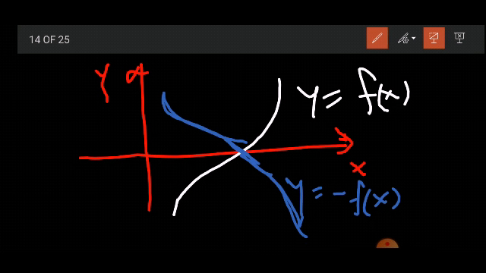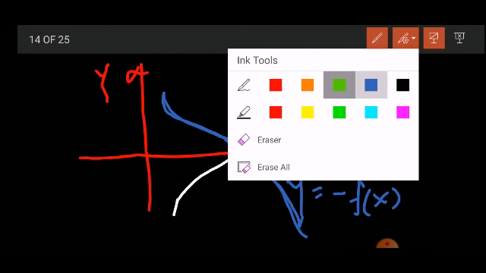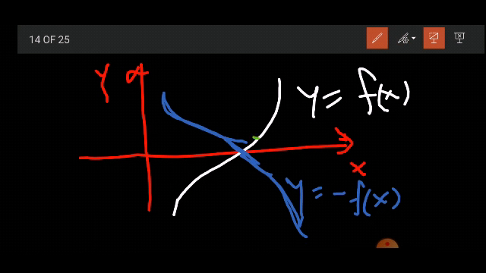You see here that this portion of the graph has its image in this portion, which is part of y equal to minus f(x). And this portion has its image over here. Now if you erase the white portion, the graph becomes y equal to minus f(x).